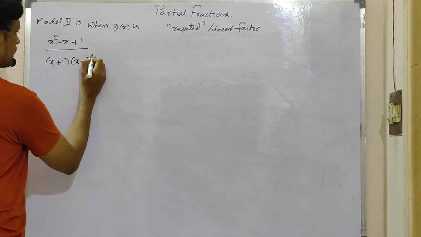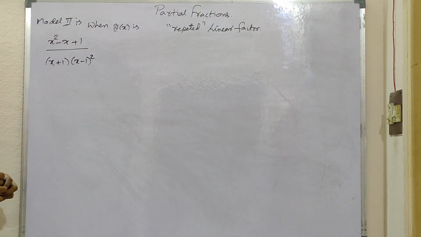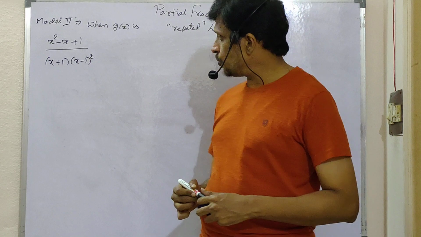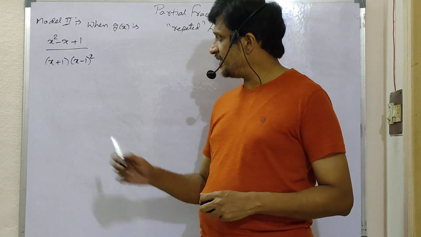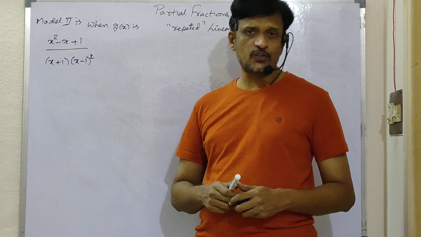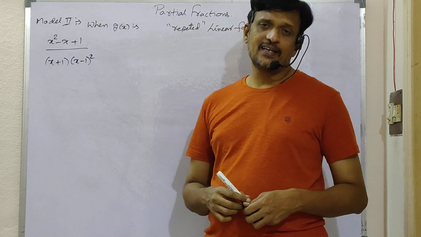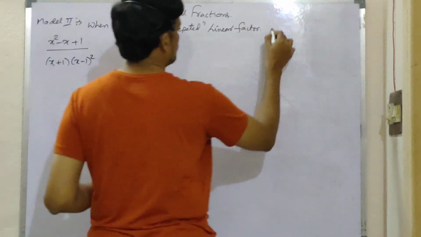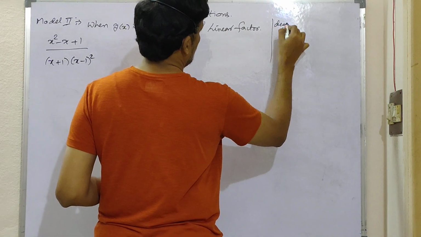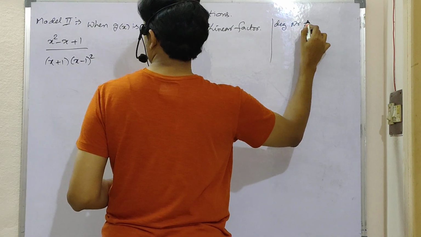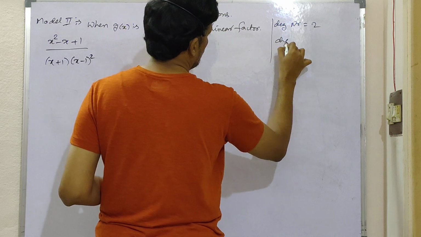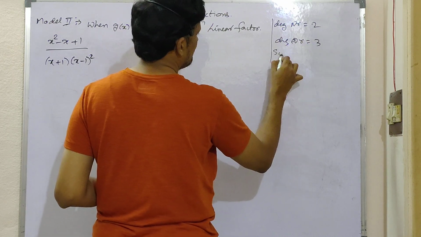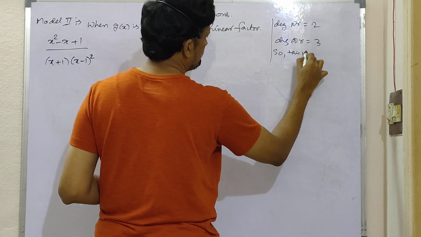This is the given one. Degree of the numerator is 2 and the denominator, x square into x gives x cube, so that is 3. Degree of numerator is 2, degree of denominator is 3, so this is a proper fraction.